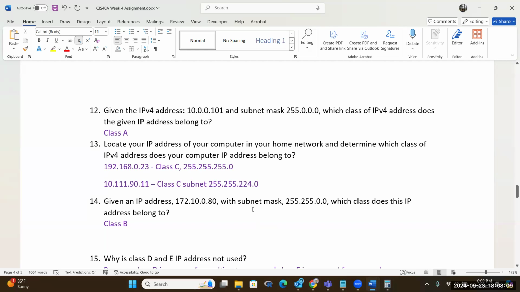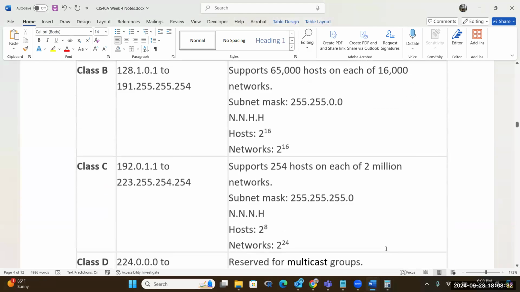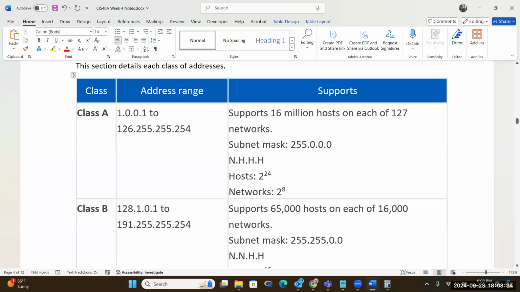So all you have to do is look at the octet. And since your subnet mask is classful, right? We know that this is 10. You look back in your notes. 10 is between 1 and 126. So that's a class A.